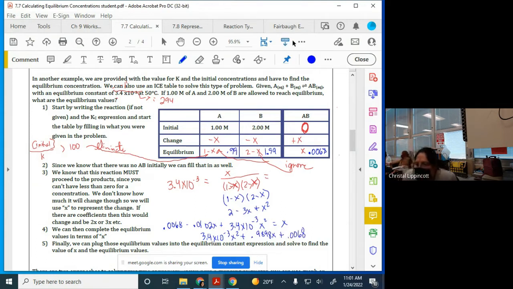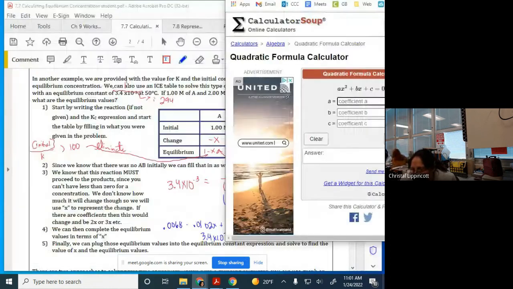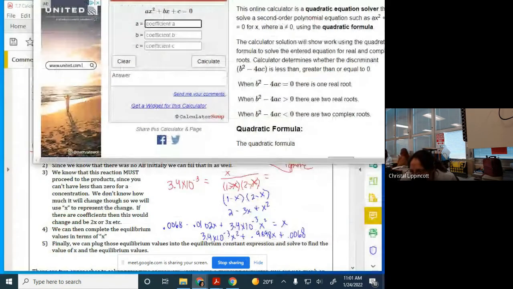All right, so now let's go over that quadratic formula calculator. I can find it here. There it is. Okay, and I'm going to punch in those numbers. So this is 3.4. Oh, it probably won't, maybe due to the negative. So 0.1234, 0.9898, and 0.0068, and calculate.